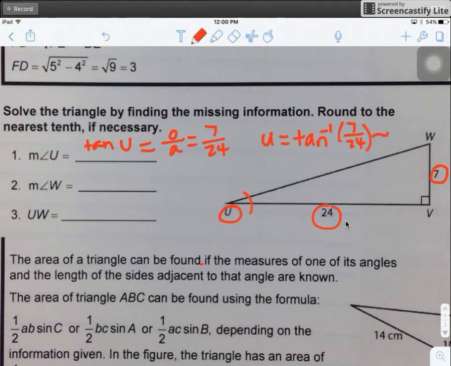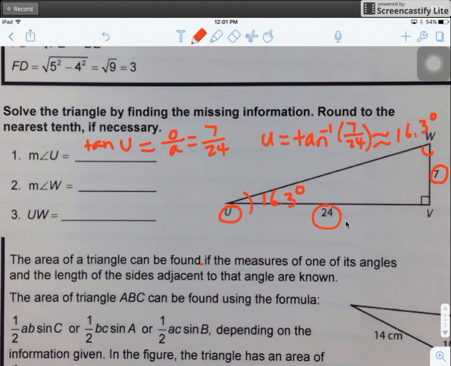And if we simplify that in the calculator, we can round the answer off to 1 decimal, which is what they want. And you get about 16.3 degrees. And that is what this angle is, angle U, 16.3.